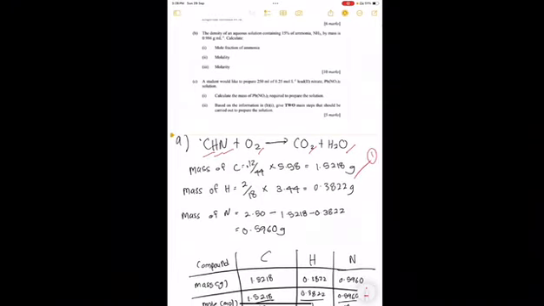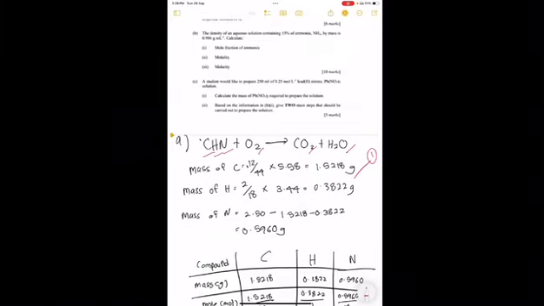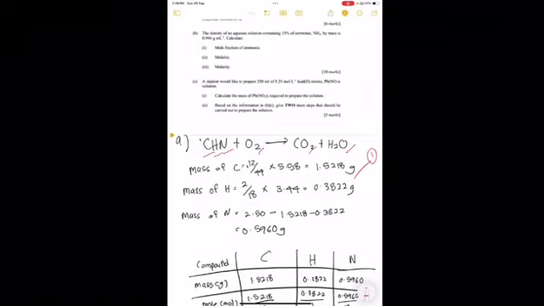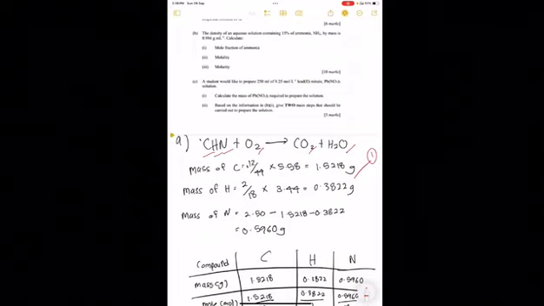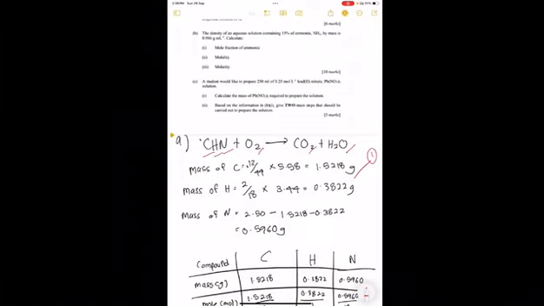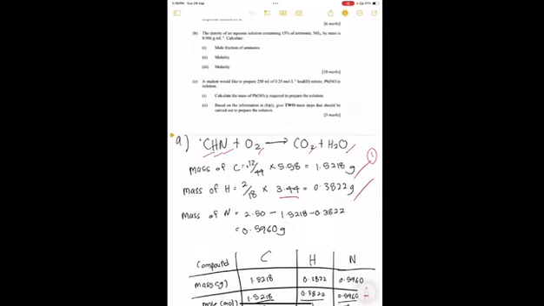Then we find the mass of the hydrogen, which the working step is the same as the mass of carbon. We use the molar mass of hydrogen over the molar mass of H2O, then times the mass of H2O, then we will get the mass of hydrogen, which is 0.3822 gram. So we will get 1 more mark over here.